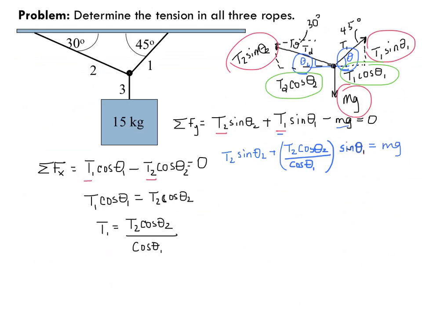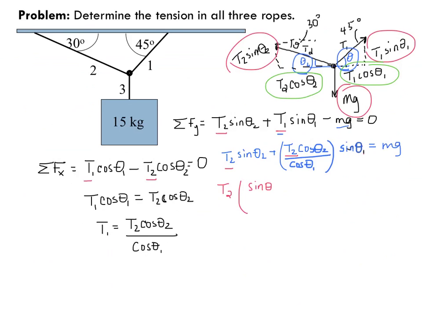Now here, it might look a little messy, but my goal is to solve for T2. And there's a T2 in both of these sections. So all I need to do is factor out a T2.